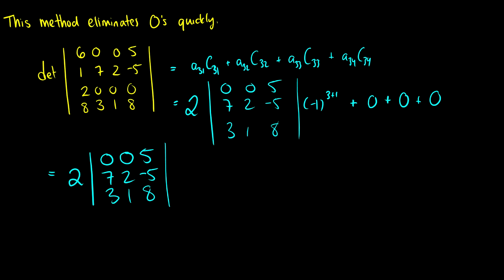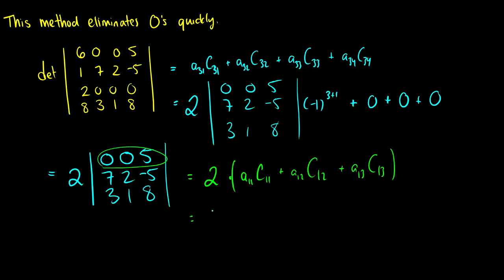But it gets even better, because now we have another row we can do this with. We have 0, 0, 5. So this is going to be 2 times A11, C11, plus A12, C12, plus A13, C13.